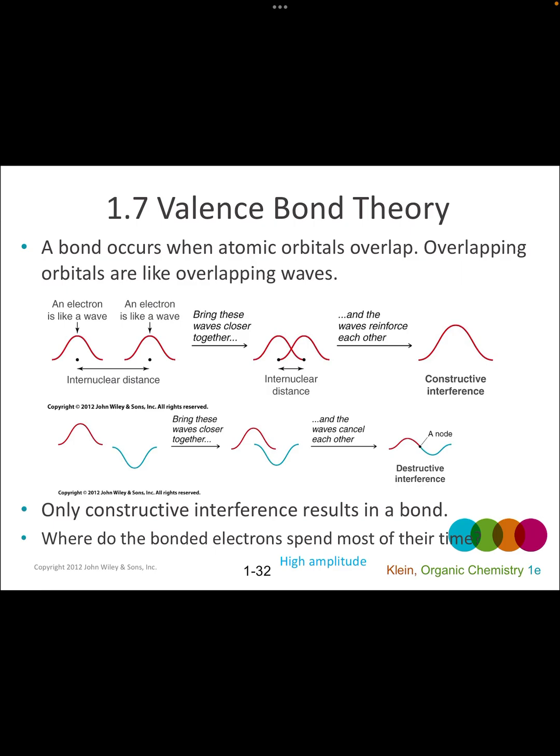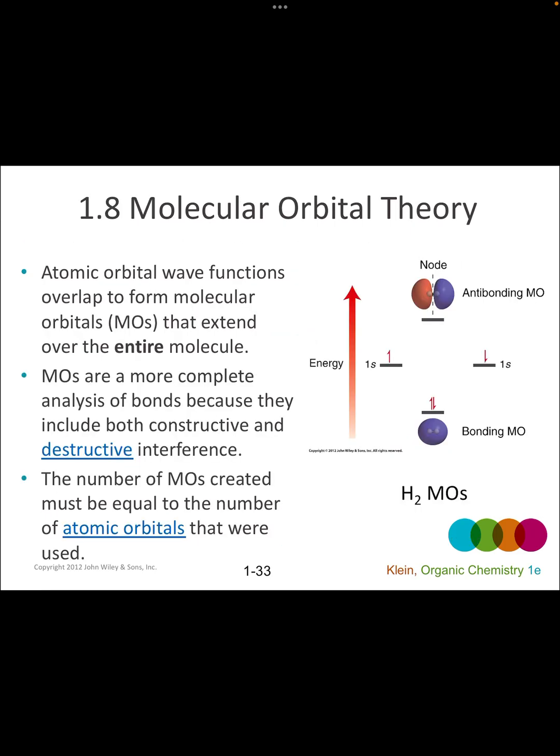The only reason they do, as a concession, bond with each other is because there are electrons in the middle, right? So constructive interference, good. Destructive interference means there's no reason for two atoms to be bonded together. We call that anti-bonding, whereas the constructive interference situation is a bonding situation.